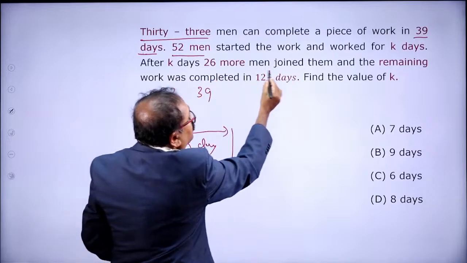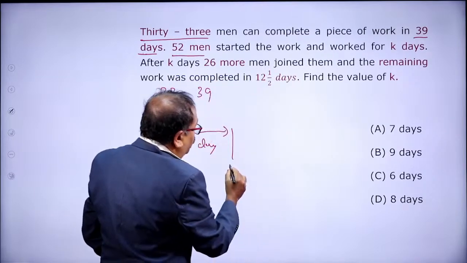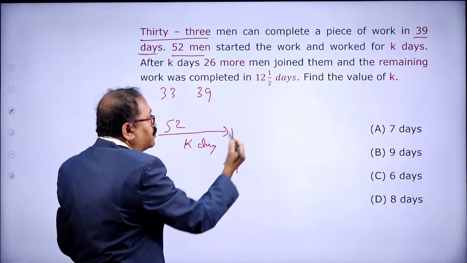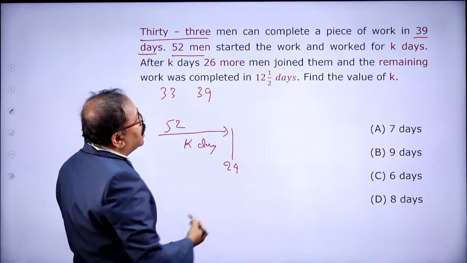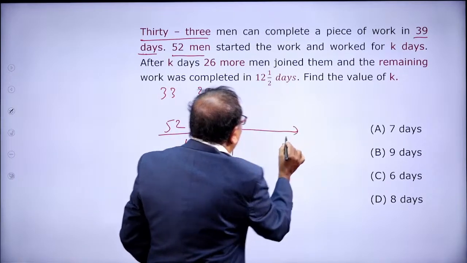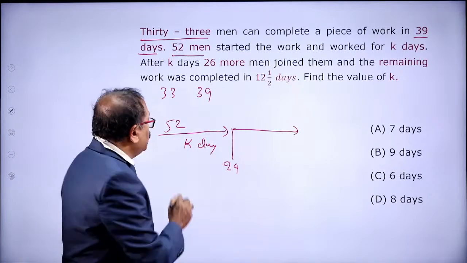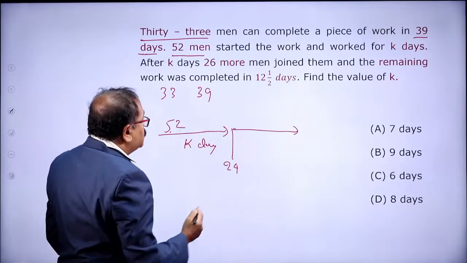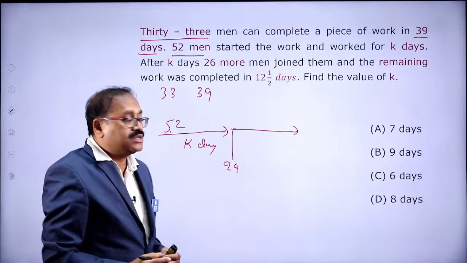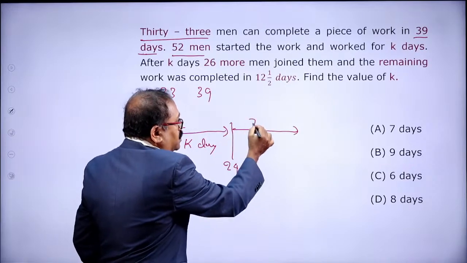24 men joined. So here another 24 men join. And then the total workforce will be 52 men plus 24 men, that is 76 men from here onwards.